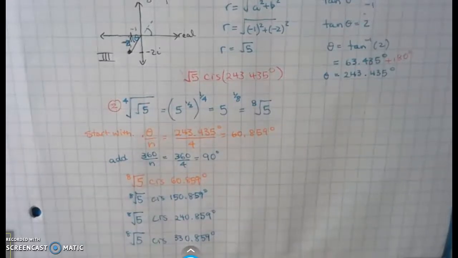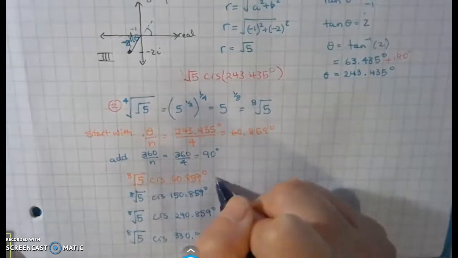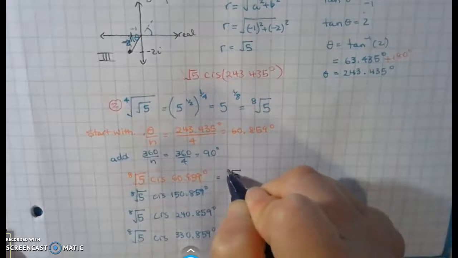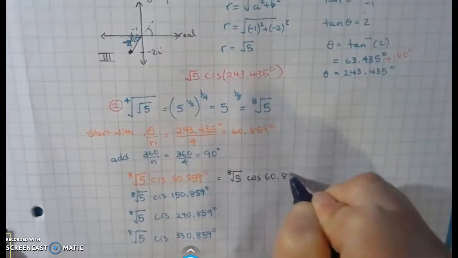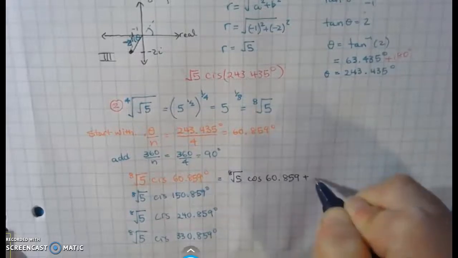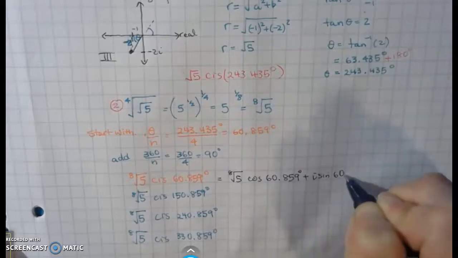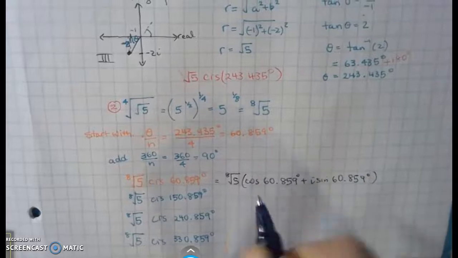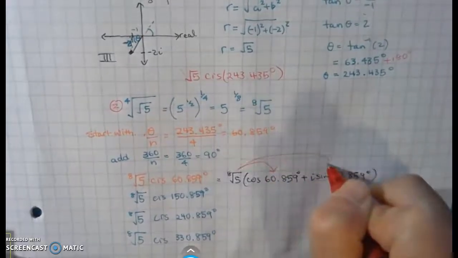We want to convert this into rectangular form. How do I do that? This is equivalent to the 8th root of 5 times cosine of 60.859 degrees plus i sine of 60.859 degrees. So you just multiply this using the calculator.